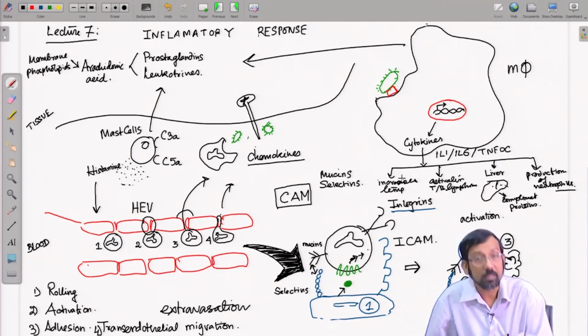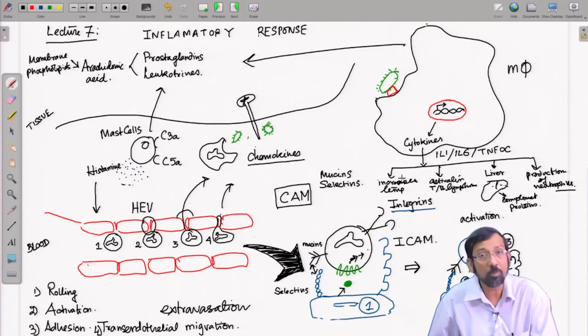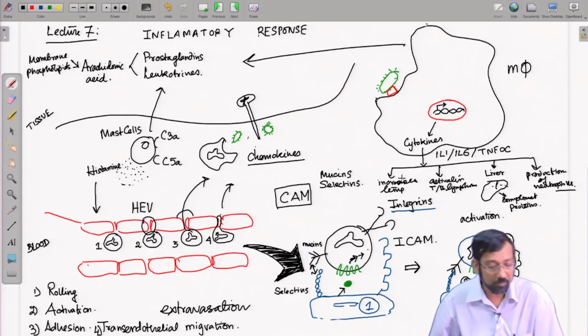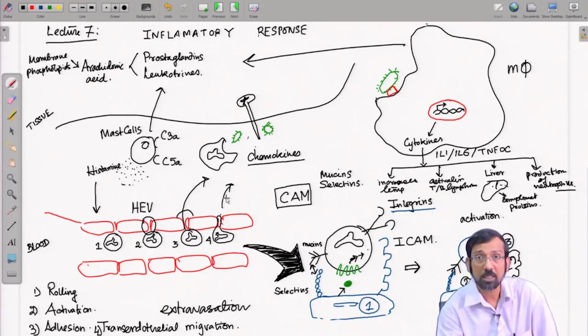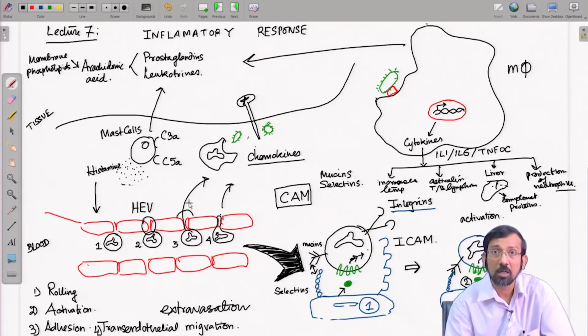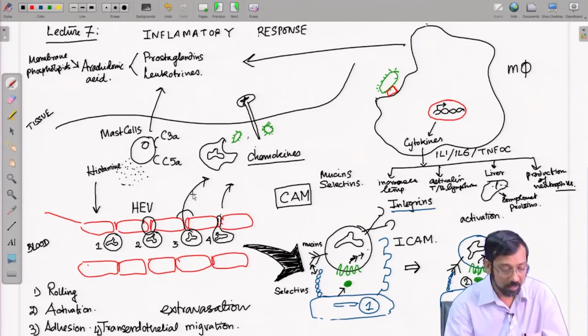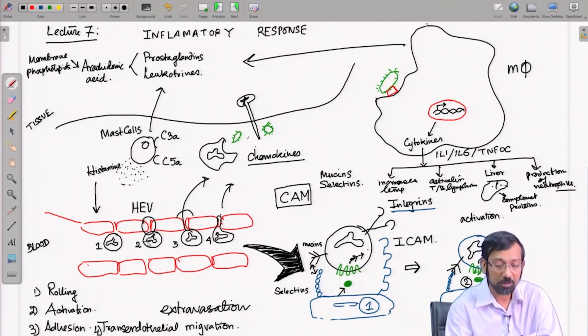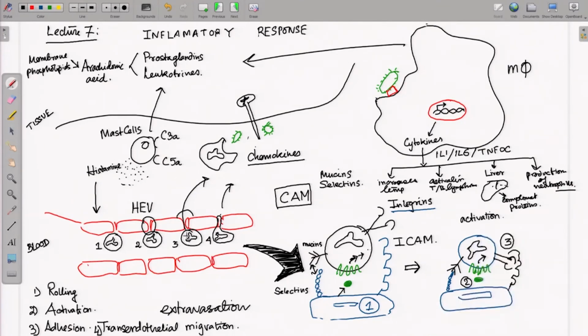There is this movement of the neutrophils which are present in the blood. They try to move immediately to the site of action because neutrophils are the fastest acting cells. There are 4 steps in the neutrophil movement: the first is rolling, the second is activation, the third is adhesion, so adhering to the endothelial cells, and the fourth is trans-endothelial migration.